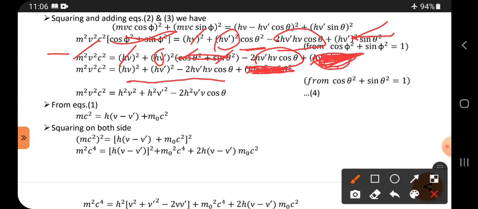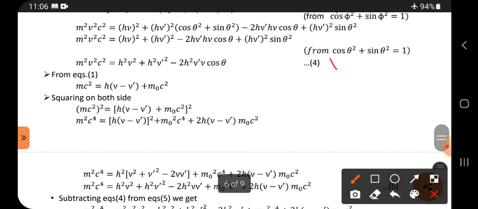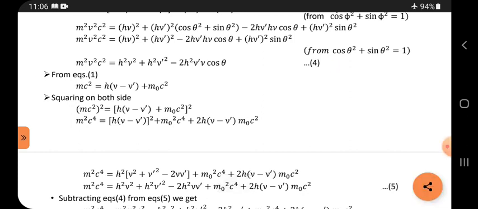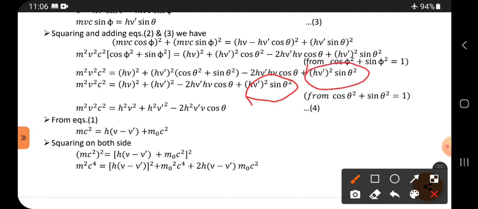Here this term is how much? 1. So 1 into this value, that value only, and squares are separated. Then we got this one, let it be equation 4. Here you should not write this one and this one, because already common is taken, so these two cannot be present.